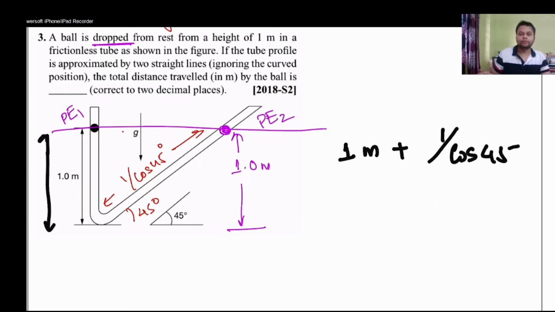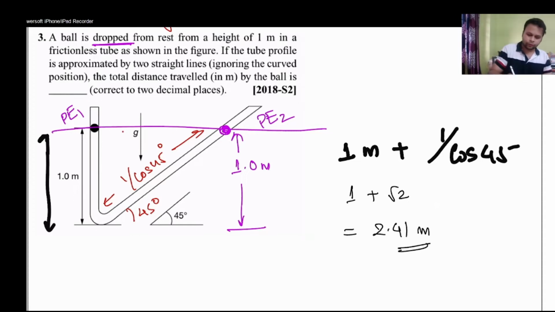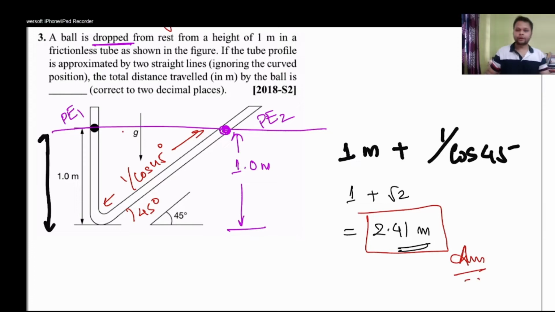So cos 45 is 1 by root 2, so it will become 1 plus root 2 meters. Root 2 is 1.41, so it will become 2.41 meters. So the answer is 2.41 meters. I hope you got this.